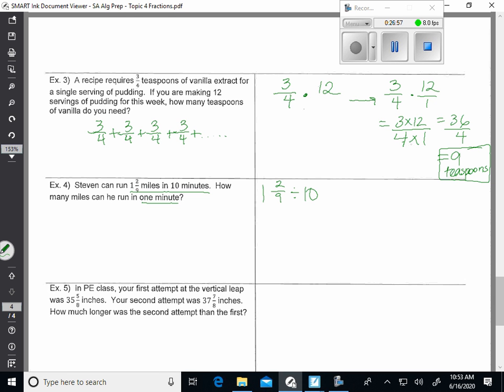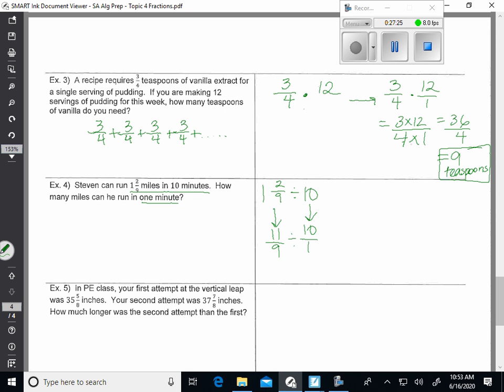So once again, what we need to do is to not just take the 10 and make it a fraction, but take 1 2/9 and change it into an improper fraction. So improper fraction, 9 times 1 is 9, plus 2 is 11. Divided by 10 over 1.